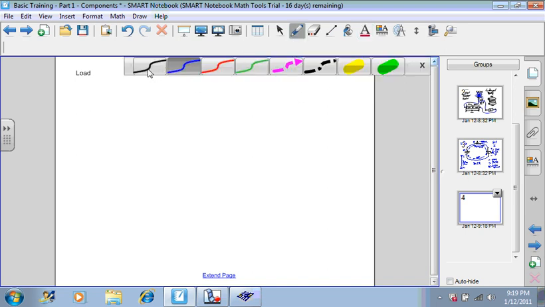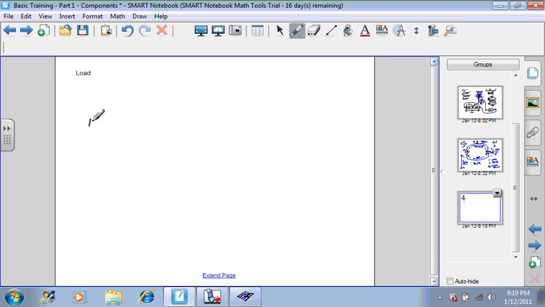Now here is an example of a load. This is a little picture of a lamp.